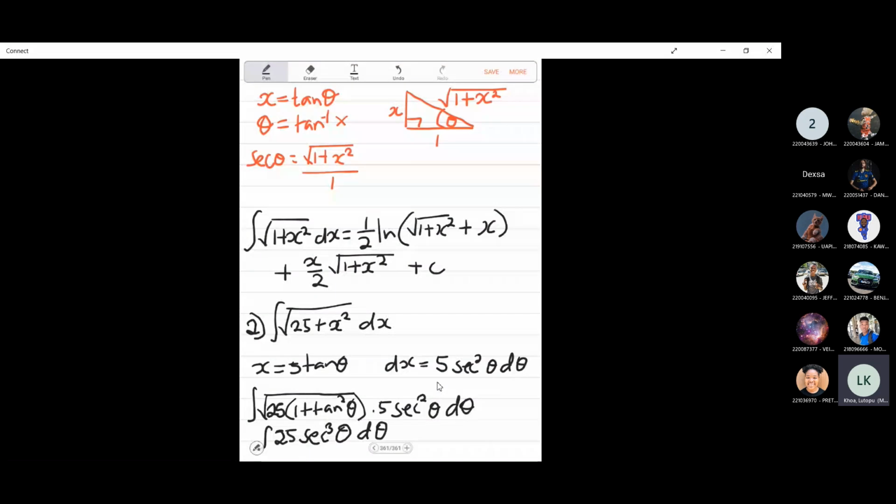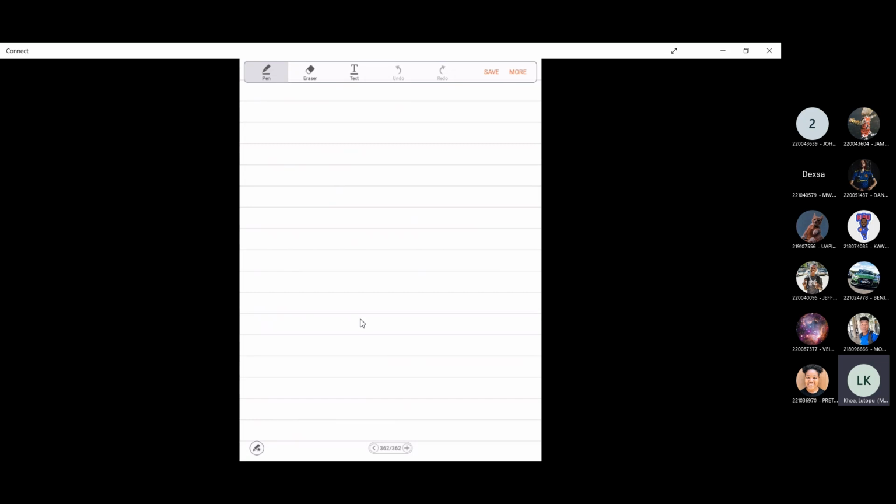So that is what we want to integrate. And when we integrate this, it is the same as integrating that over there. So 25 sec squared theta, this is 25. Then we say sec squared theta times sec theta d theta.